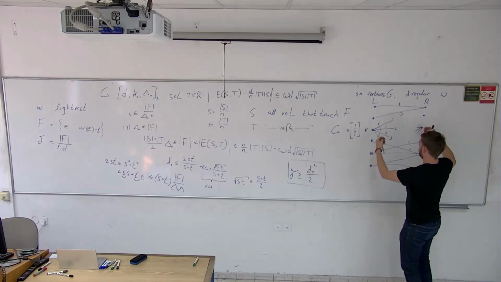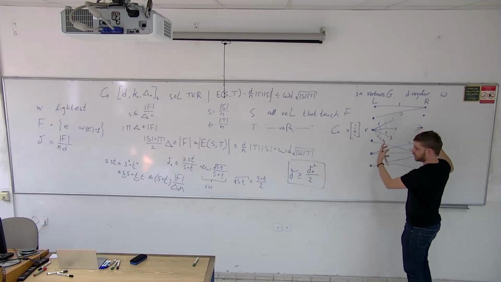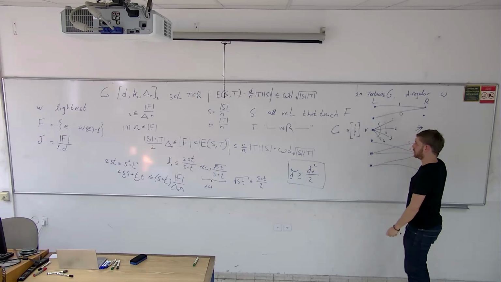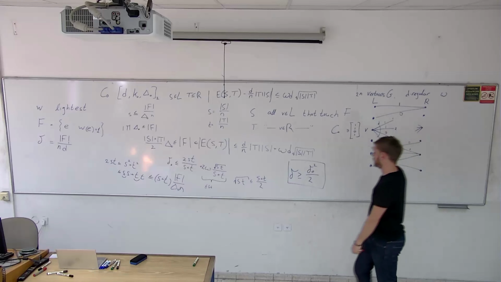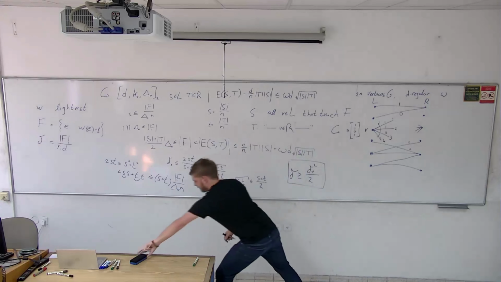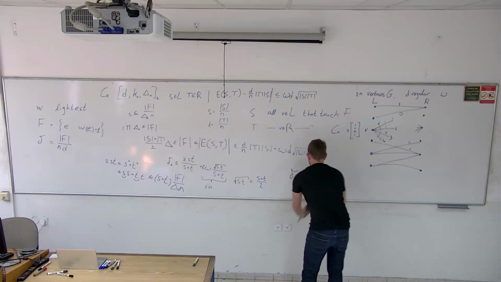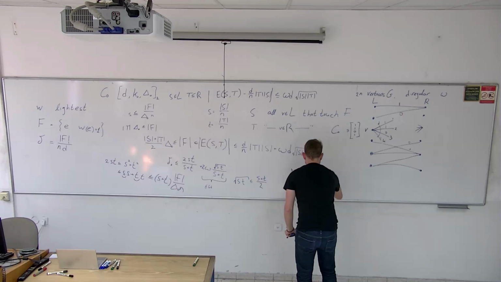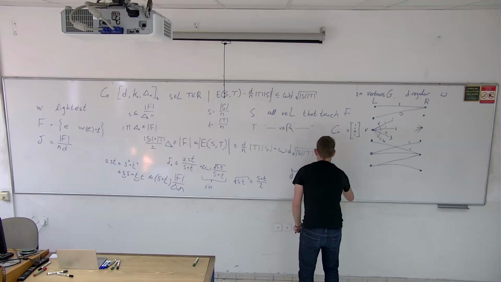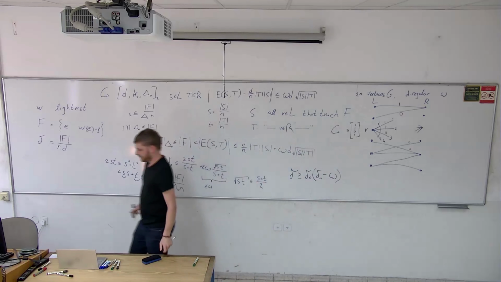Because these vertices must expand. This is why we need an expander. Okay, that's what we get.